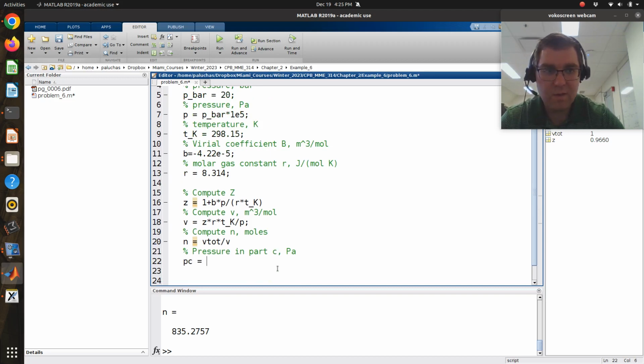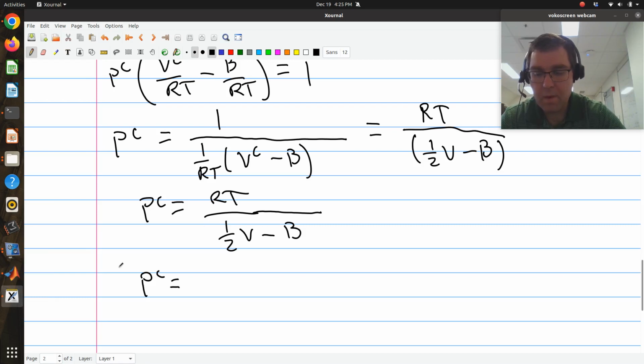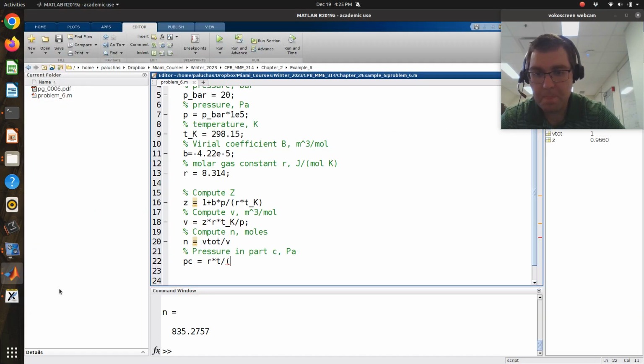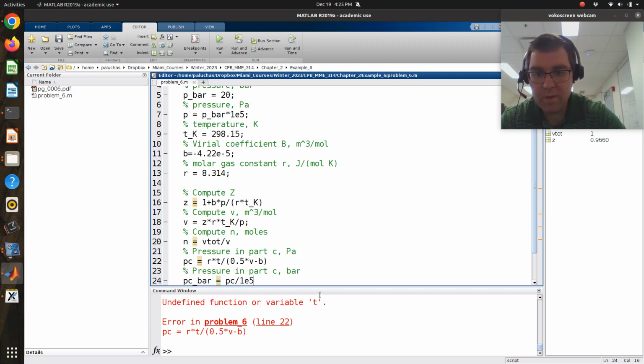So PC is equal to, we had R times T divided by 1/2 V minus B. So I'll do 0.5 times V minus B. Okay, and then just for completeness, pressure in part C in bars. So PC in bars would be PC divided by 1e to the 5. Okay, so running, it's because I call this T in Kelvin.